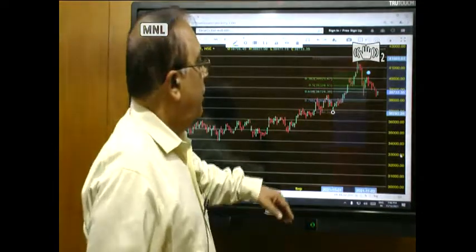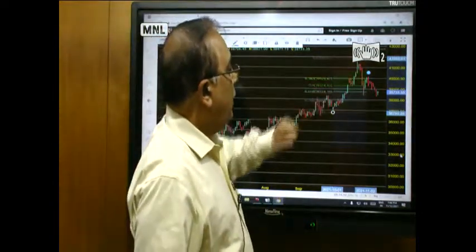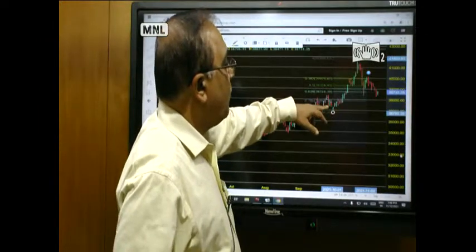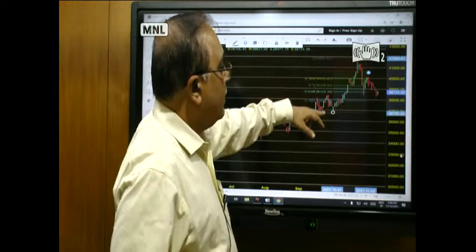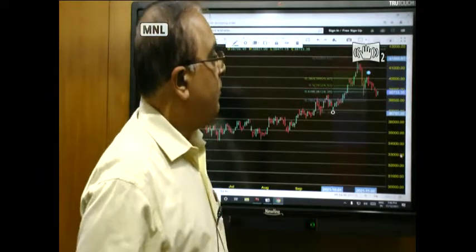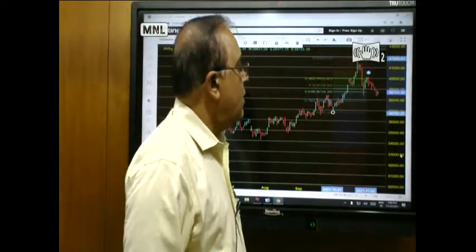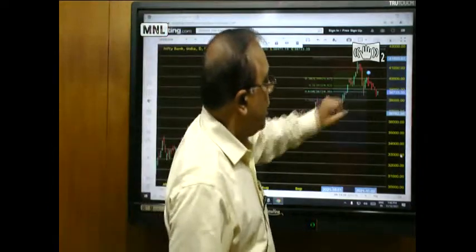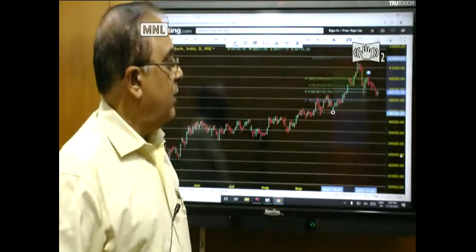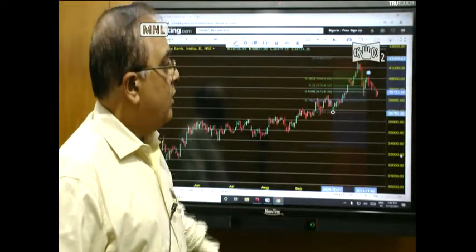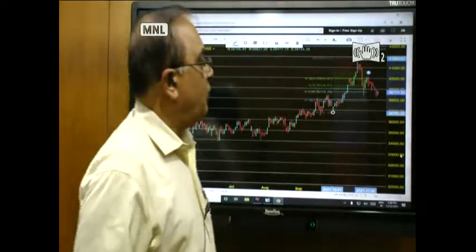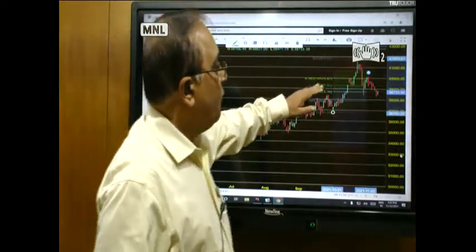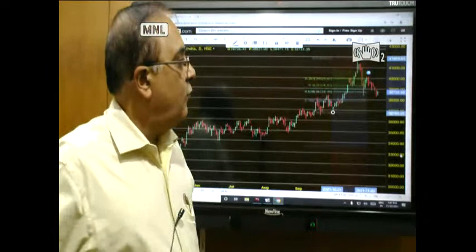See now, it has come closer to the 61.8% and probably dipped close between 61.8% and 78.5%, right? So now after it dipped down below 38.2%, 61.8%, any rally towards the 38.2% would have met the resistance, which is closer to the 39,935, 940 levels.